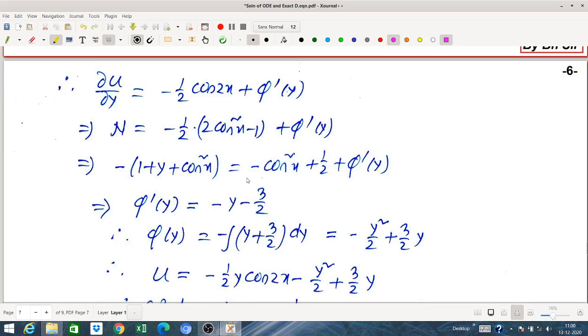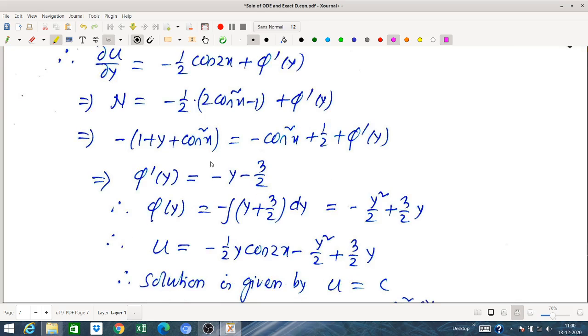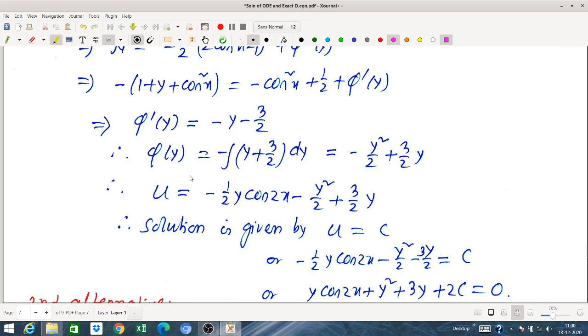Now see, minus cos square x and cos square x cancel, so ultimately we get phi dash y equal to minus y, minus 1 plus half, minus 3 by 2. If we integrate, phi of y will be integration of minus y minus 3 by 2 dy, that is minus y square by 2 minus 3 by 2 into y. Plus c1 we are not writing because finally we shall use c.